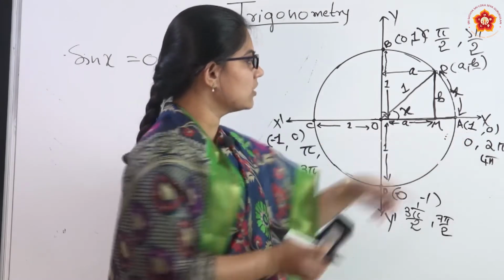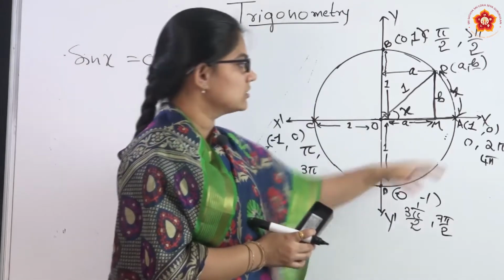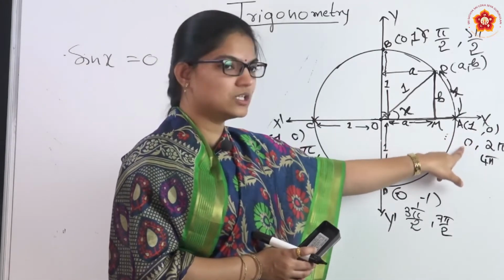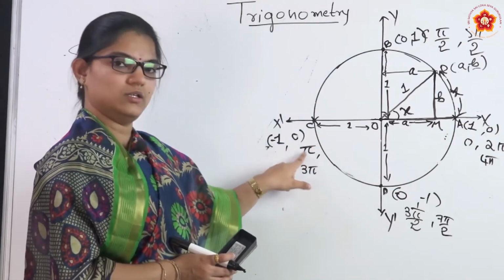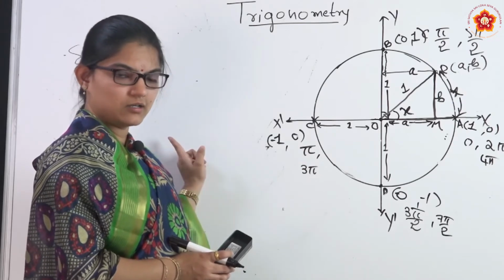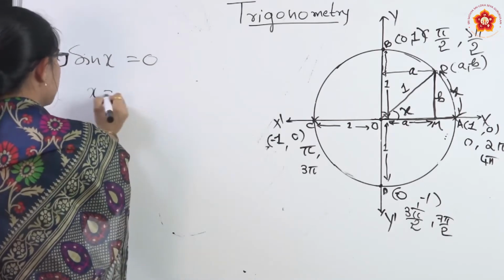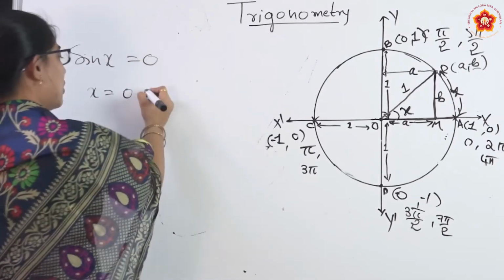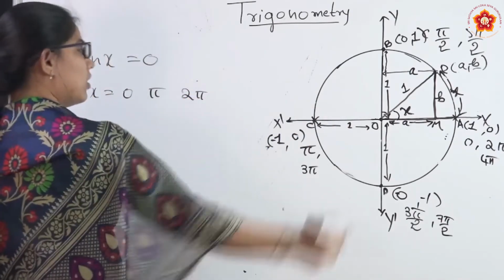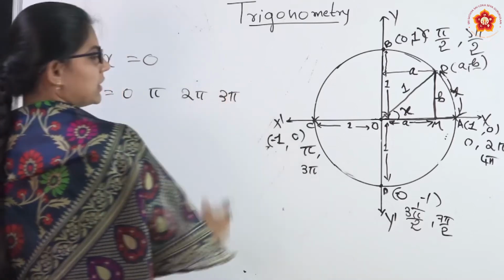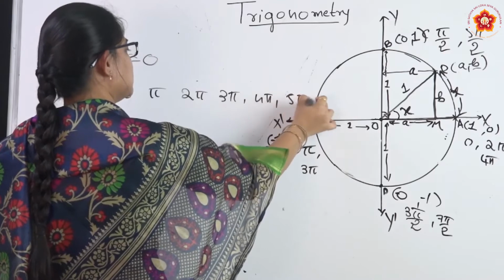So what we can observe in these two positions, that is at A and C, where the angle you can consider here 0, 2 pi, 4 pi like that, and here you can consider pi, 3 pi, 5 pi, etc. So on combining, sin x is 0 means your x must be either 0 or pi or 2 pi or 3 pi or 4 pi, 5 pi, etc. correct.